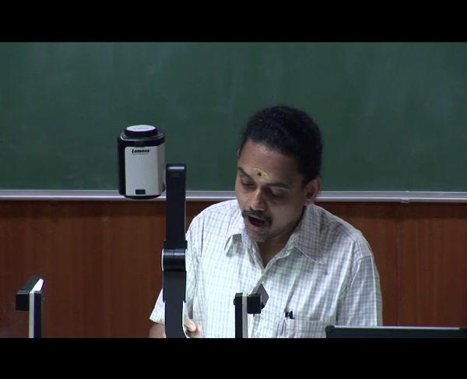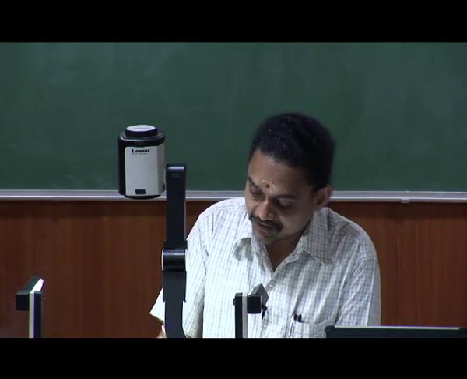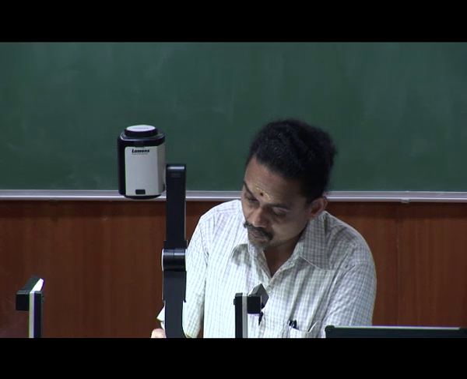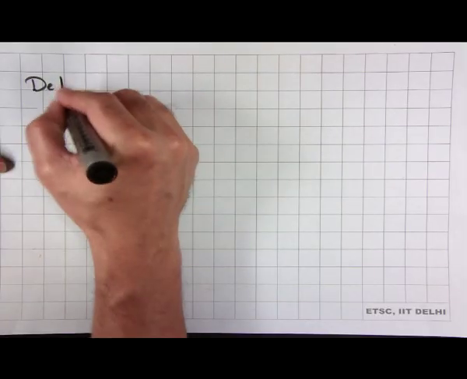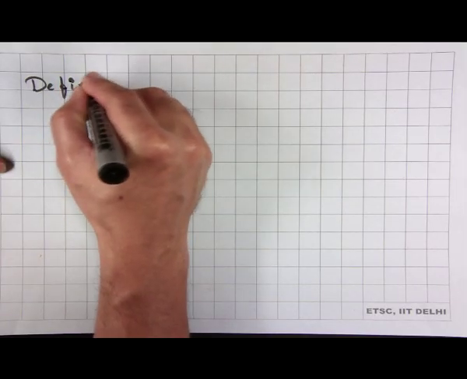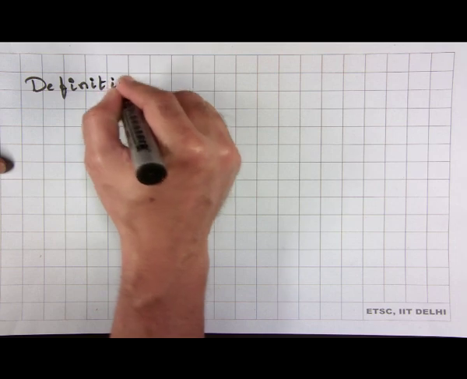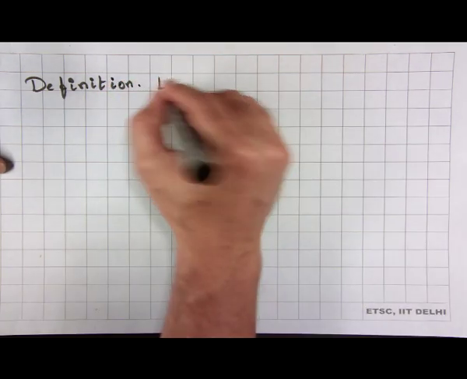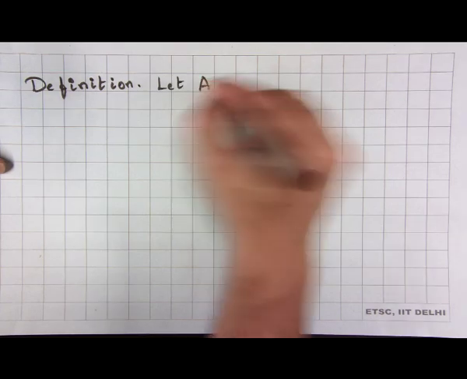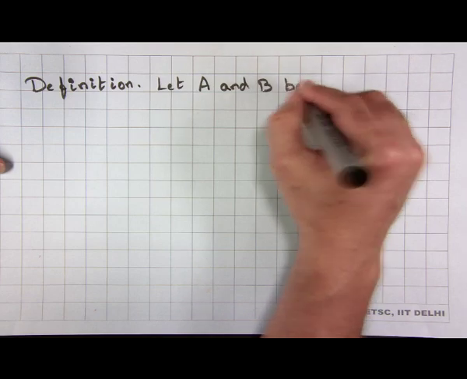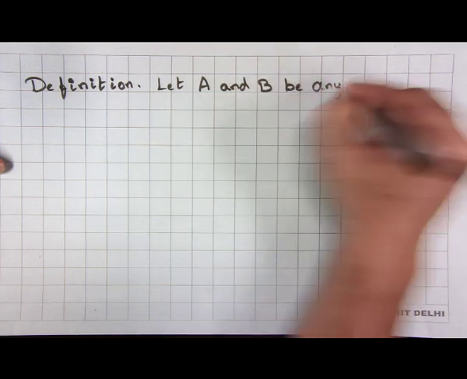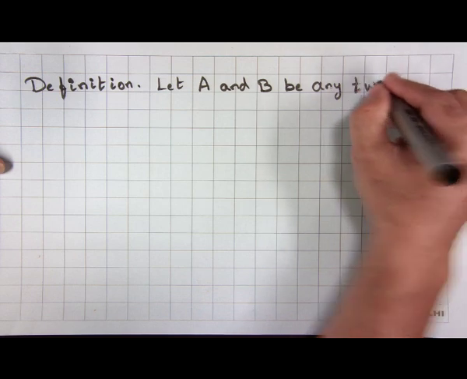as the Cartesian product of two sets. So, let me just write down the definition. Let us begin with the definition. Let A and B be any two sets.